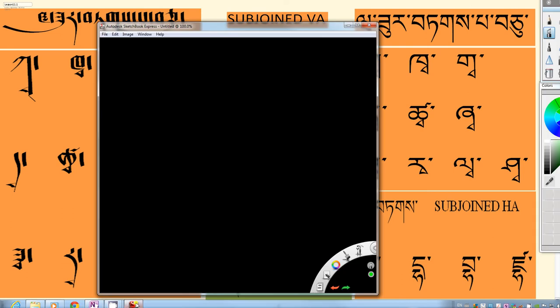So let me see if I can write some examples. I'll try. Ka and then wasu right there. So that's ka and wasu, it's this character, right?